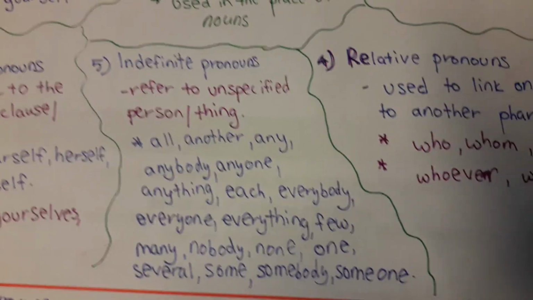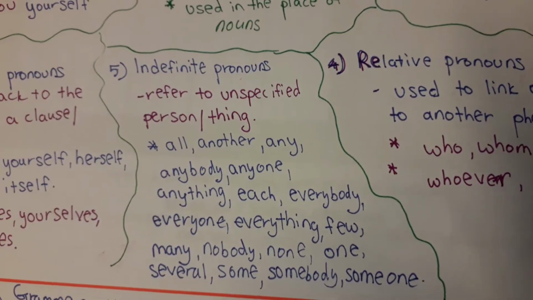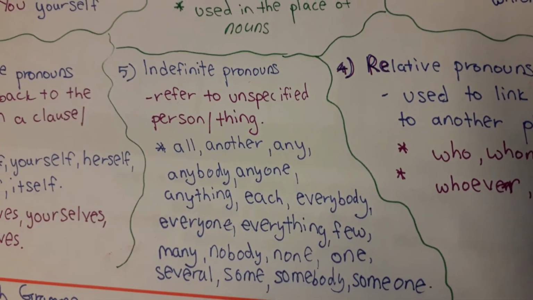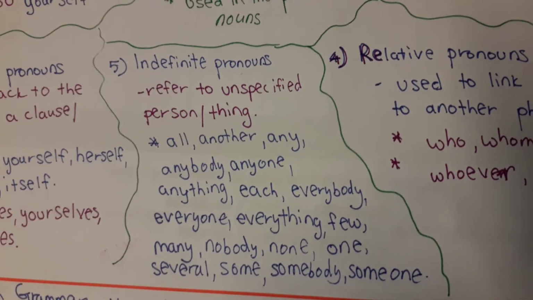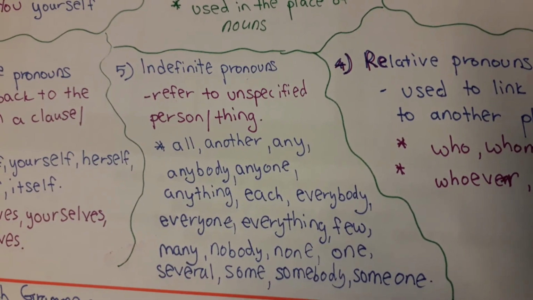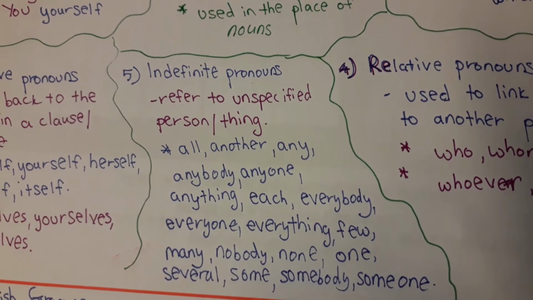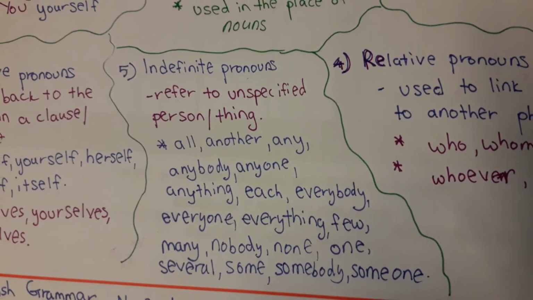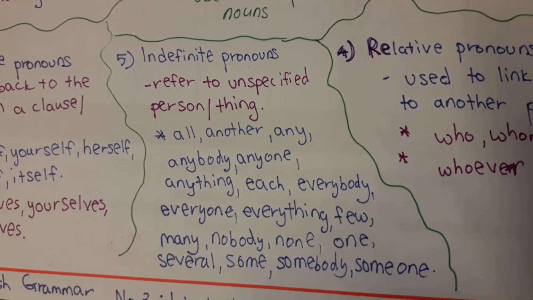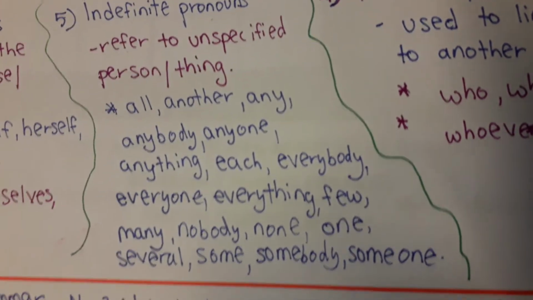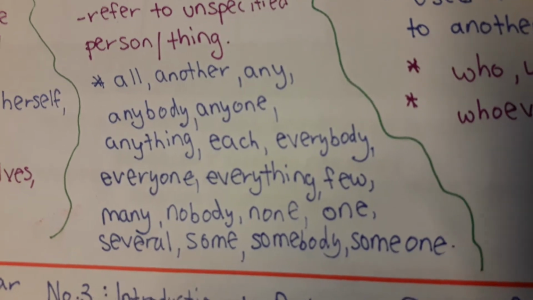Right, the fifth type of pronouns I would like to let you know about are indefinite pronouns. So indefinite means something that is not specific or unspecified. Can be referring to a person or a thing. So you can see that there's quite a long list there.